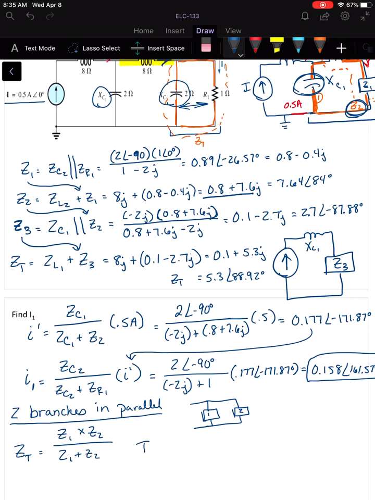If you're looking for the current divider rule, so I1, which would be right here, you would take Z2 over Z1 plus Z2 times whatever the total IT coming in would be. I2 would be the opposite. You would take Z1 over Z1 plus Z2 times that same total.